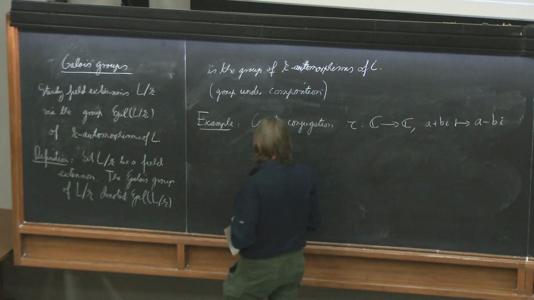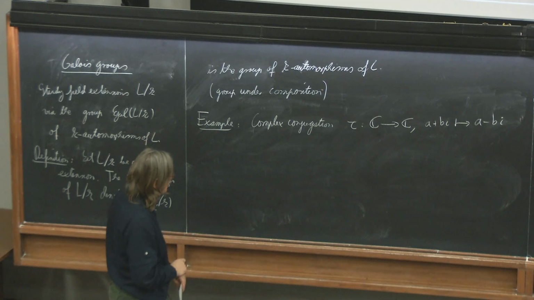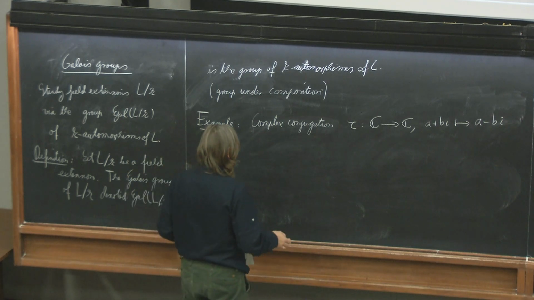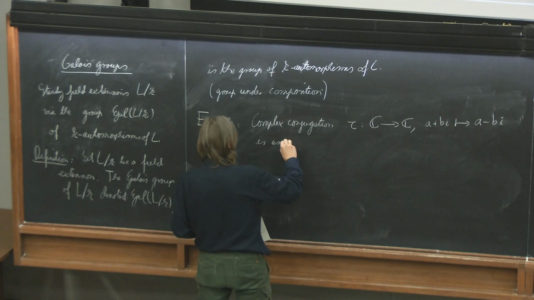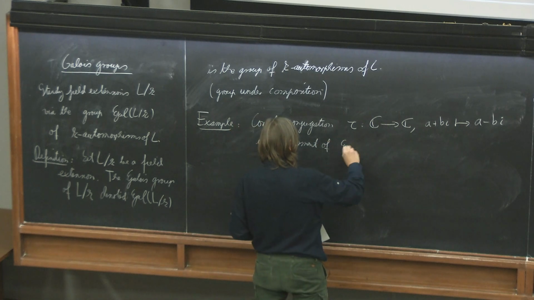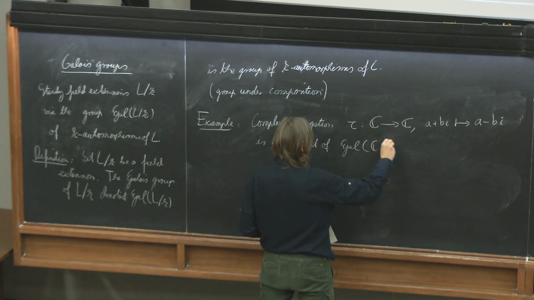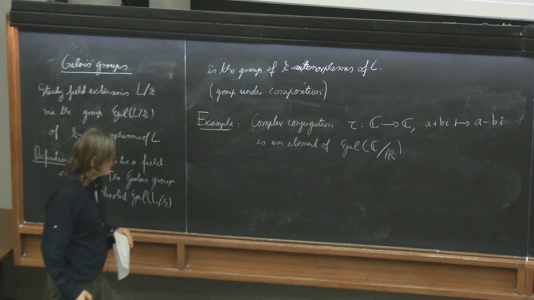This is an automorphism of the complex numbers. It's compatible with multiplication and addition and so on, and is an element of the Galois group of the complex numbers over the real numbers. No, it's the identity on real numbers.